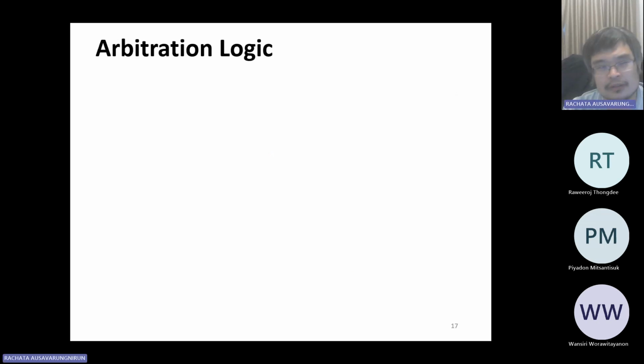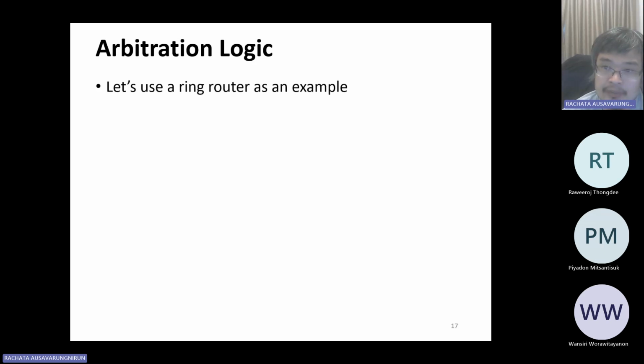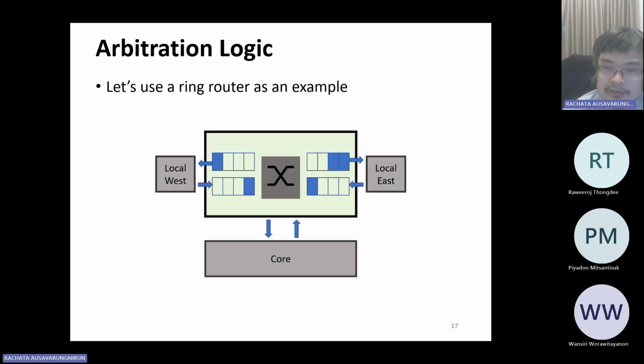So first of all, let's go through one of these things in detail. The first thing is arbitration logic. Let's use ring as an example because it's simplest, all right? So you have the core, which is injecting into the network, and you have the east and the west direction, right? So how it works is I'll have a packet here. It then figures out, okay, where do I need to go?